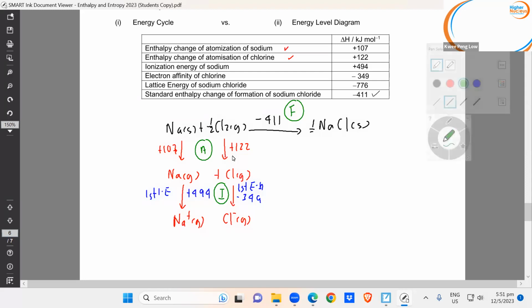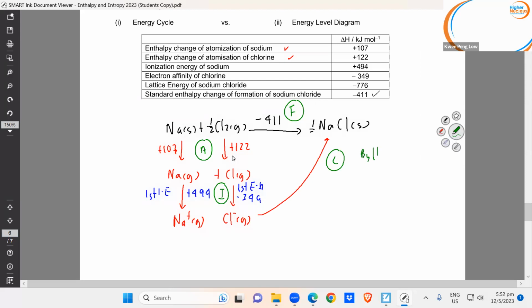Okay, and lastly, my sodium plus gas plus chloride gas, I go up. This is my L, lattice energy. Okay, so this is a Born-Haber cycle in the FAIL manner. To solve it, I'm just going to write by Hess's law.